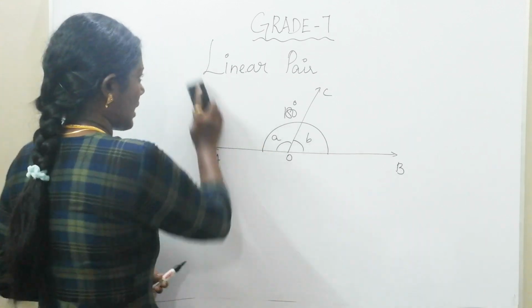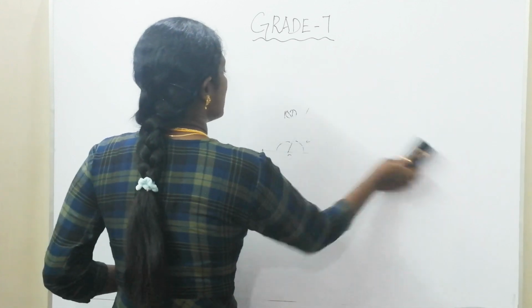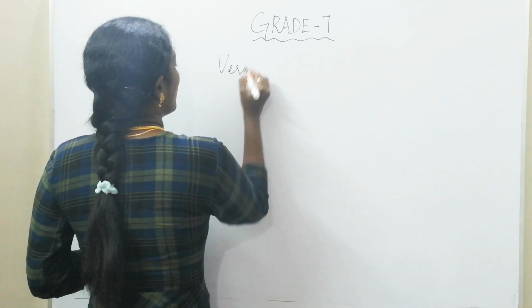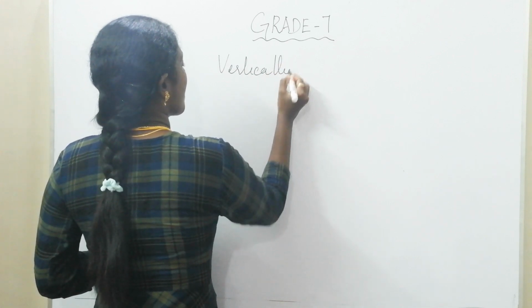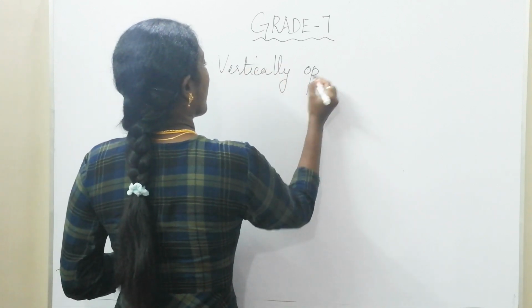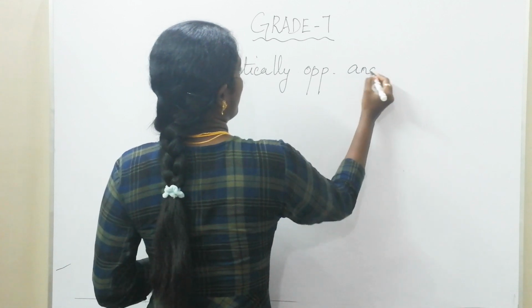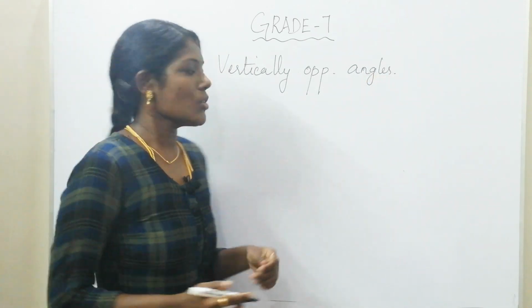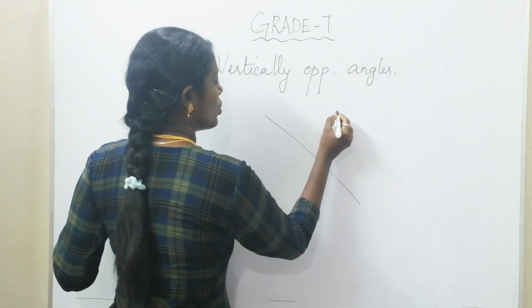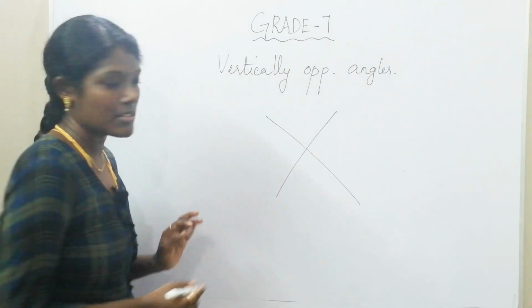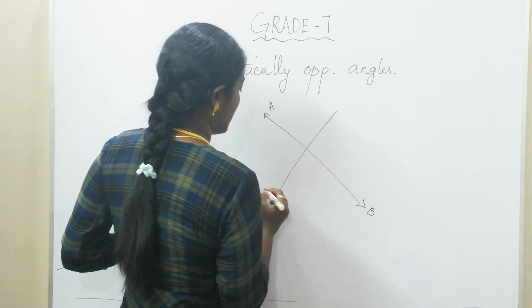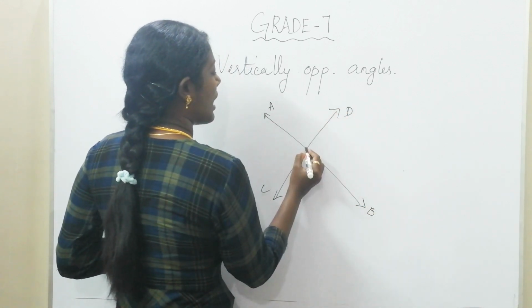Now the last type of angle that we are going to see today is vertically opposite angles. So when I have two lines intersecting like this, so I have a line AB and a line CD and they are intersecting.